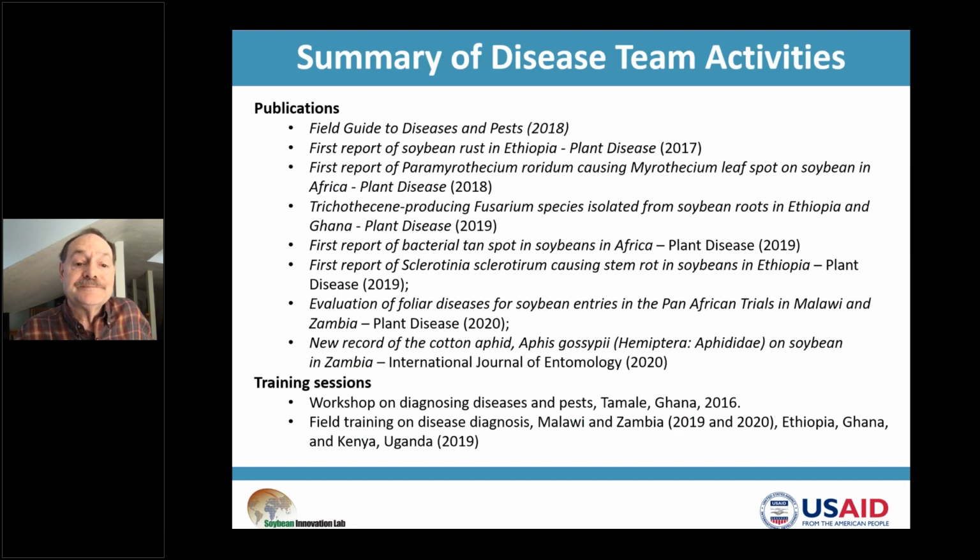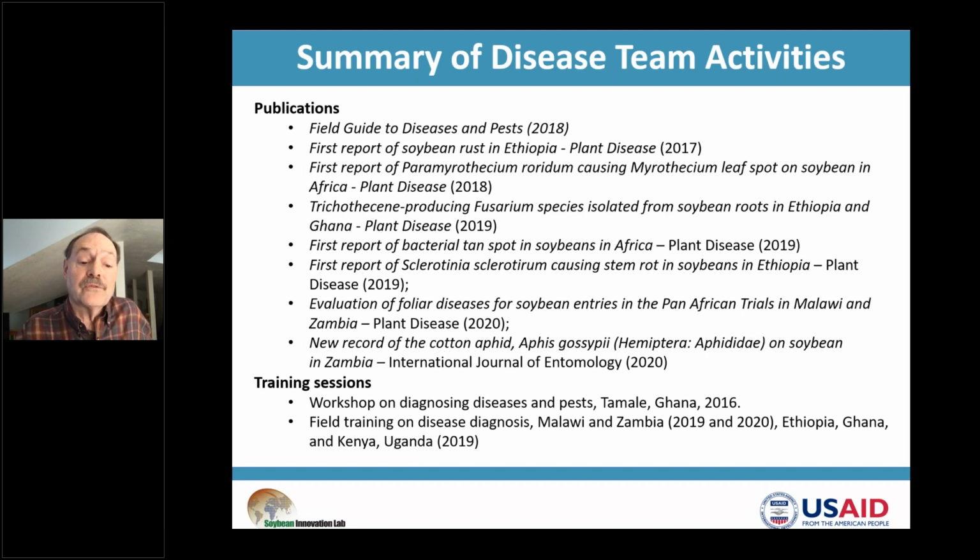And one of our end products really that we do in our research is develop publications and also training sessions. I mentioned the field guide to diseases first here, but we also have many first reports, and first reports indicate that this was the first time a disease was reported, and usually it's a country or sometimes even a continent.